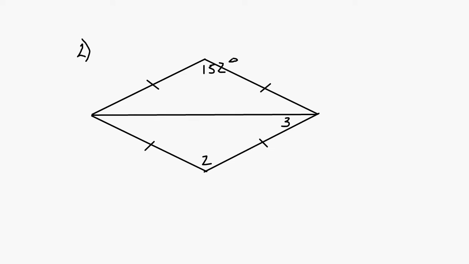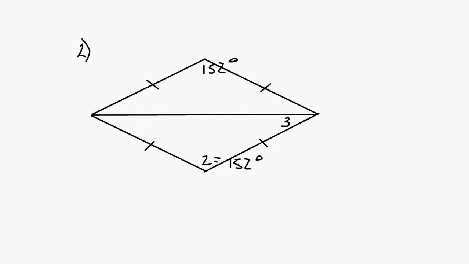Okay, in this rhombus, these opposite angles are congruent to each other. So angle 2 is also going to be equal to 152 degrees.